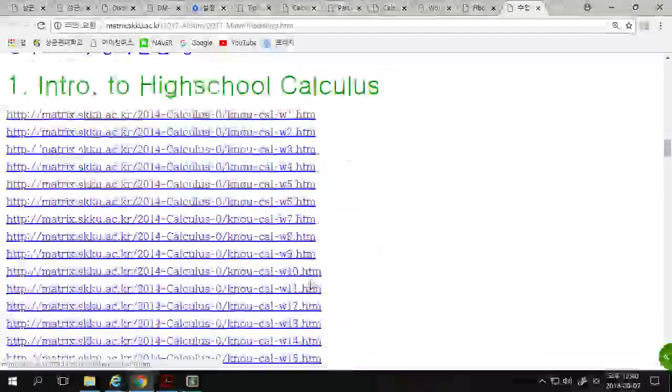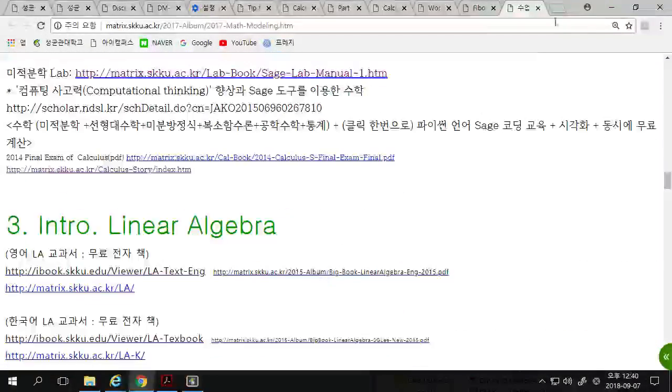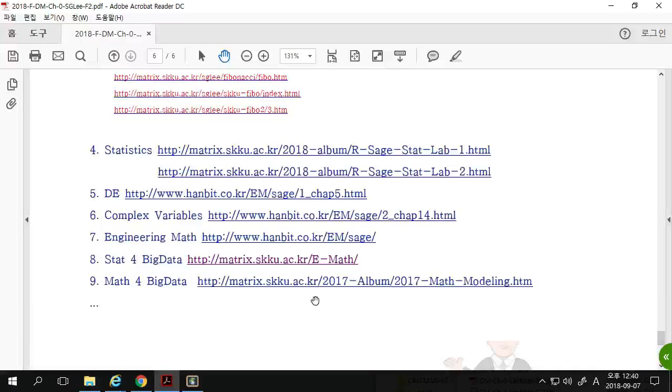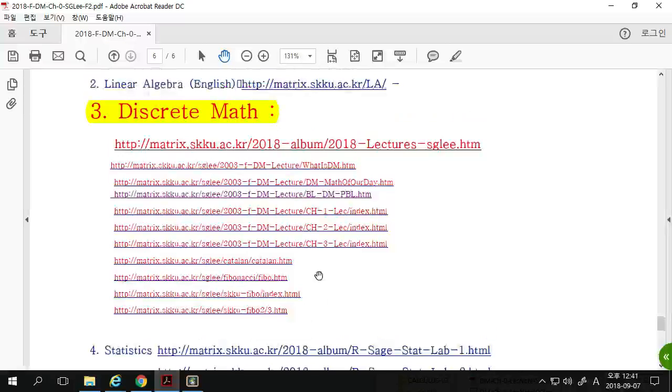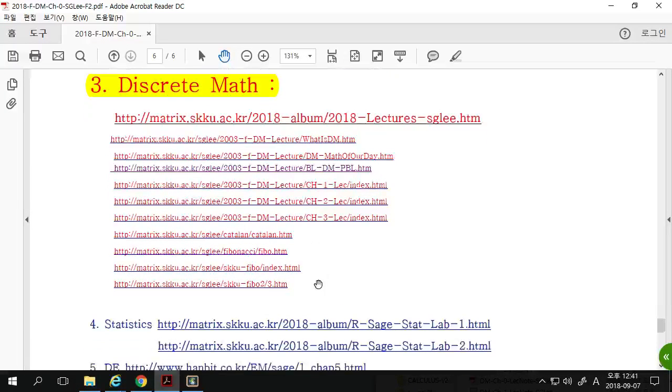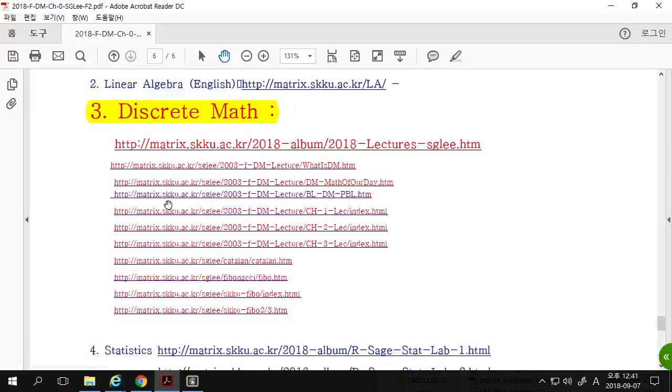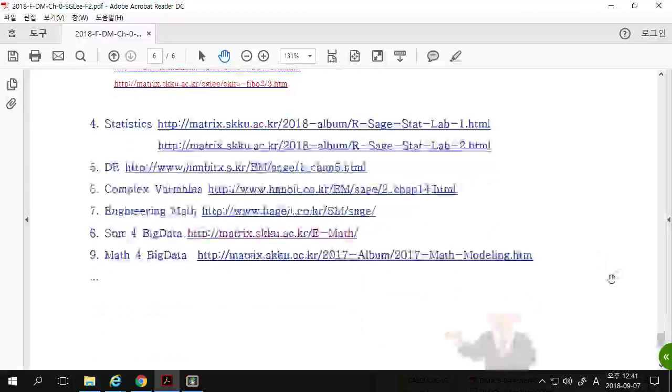So you have to learn some of these, and Sungkyunkwan University offers the mathematics courses in sequence like this, and you are here in discrete math, which is one of the central parts of the mathematical knowledge for your careers.